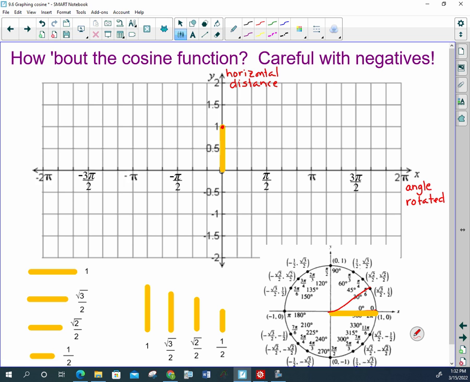Okay, then we're going to rotate to 30 degrees, and here's our reference triangle. So remember, at 30 degrees, that's this length right here. I've got too many lengths here. Let's see if we can delete some of those. Just a minute.